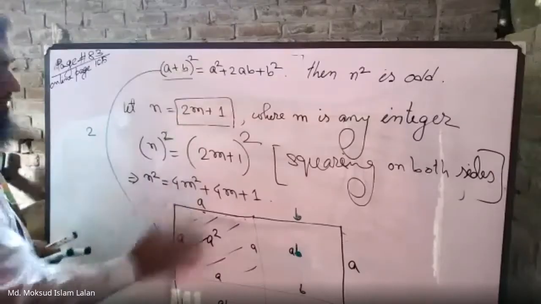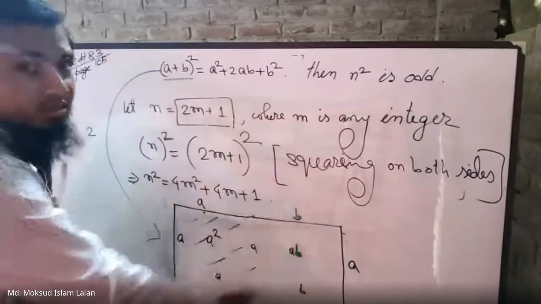B square. Now our original that was A plus B whole square, right? This total. Okay. This total is A plus B whole square, right?